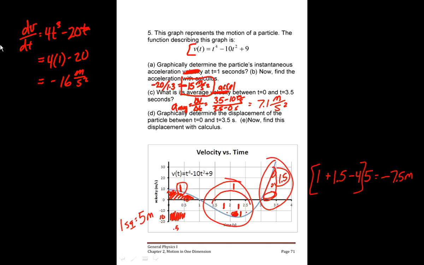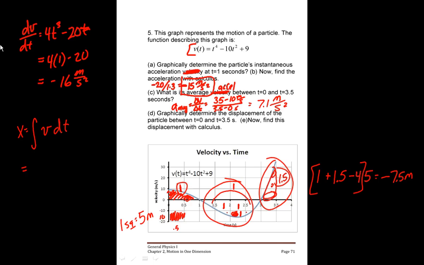Now I also want to find the displacement with calculus. To find the displacement with calculus, I say that x is equal to the integral of v dt. I already have a function for v, so x is equal to the integral of t to the 4th minus 10t squared plus 9.